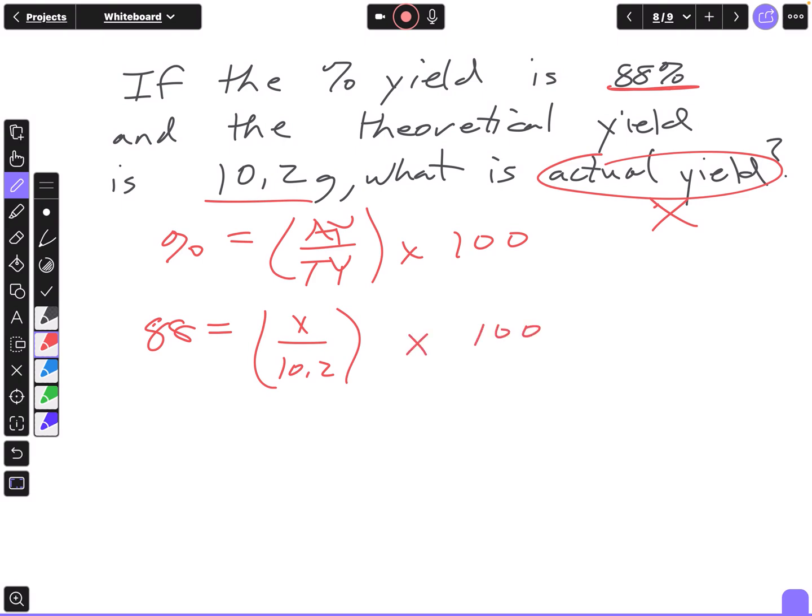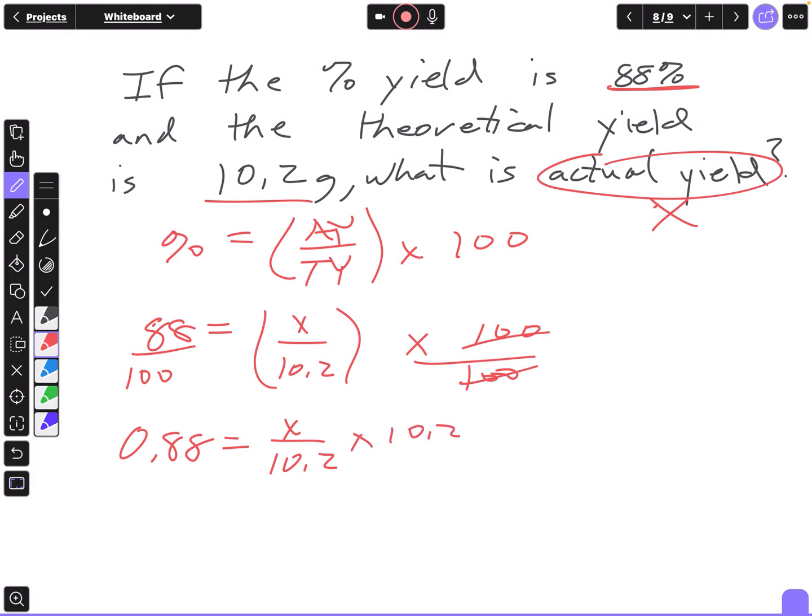Now, I'm going to solve for X. First, I'm going to divide both sides by 100. That gives you 0.88 equals X over 10.2. To solve for X, I would multiply both sides by 10.2.